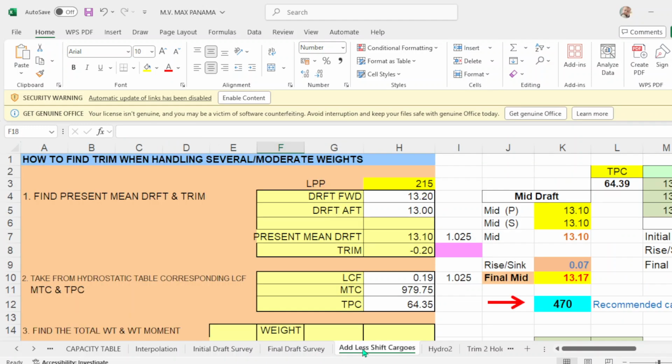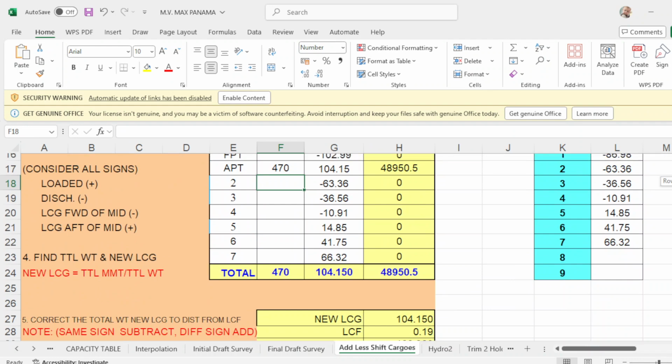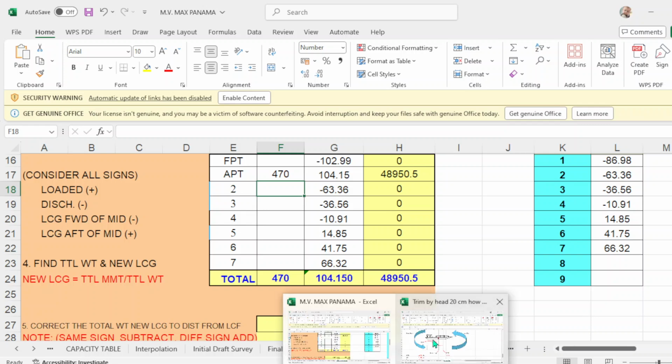When you load 470 metric tons in the after peak, then you will have a new LCG, which is 10.415, which is this one.